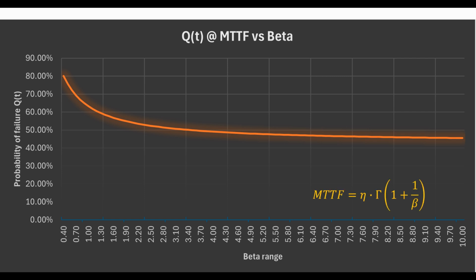In fact, the mean life of the Weibull function depends both on the scale parameter eta and the shape parameter beta, and is given by this relationship: eta multiplied by the gamma function of 1 plus 1 over beta. So let's have a look at how we can create this function.